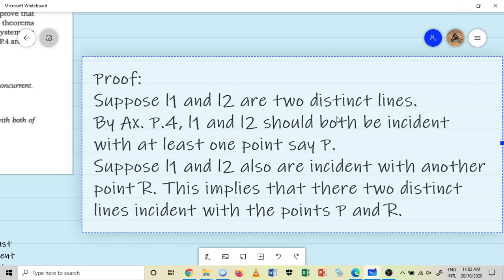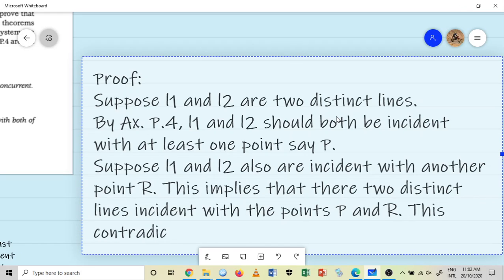One axiom is axiom P.3, which states that given two distinct points, there is exactly one line that can contain both of them. So this contradicts axiom P.3.